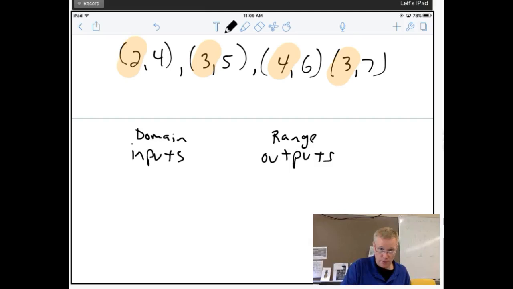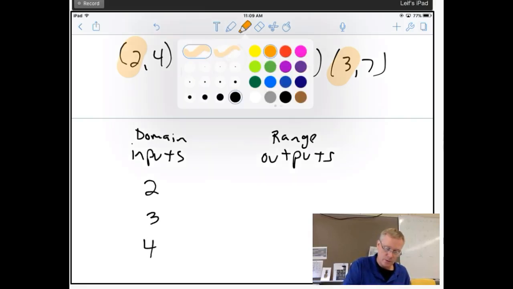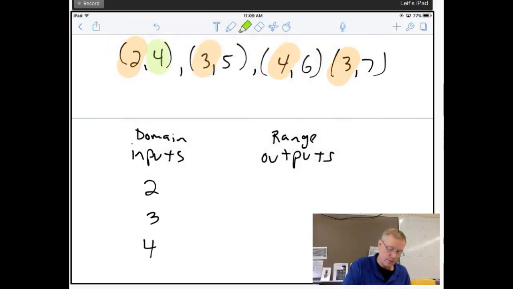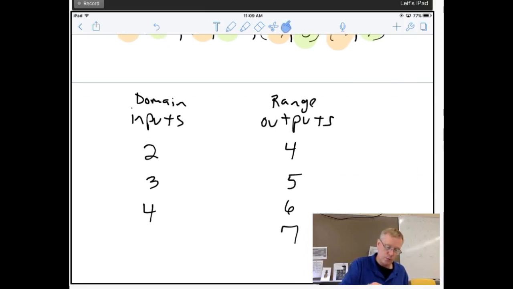Now, there's more than one 3 there. You don't repeat the 3 in the domain. You only show it once. So I go 2, 3, and then 4. Okay, and in the range, which is the outputs, that would be the y values, which in this case would be my 4, my 5, my 6, and my 7. Okay, so now that's most of the mapping diagram.